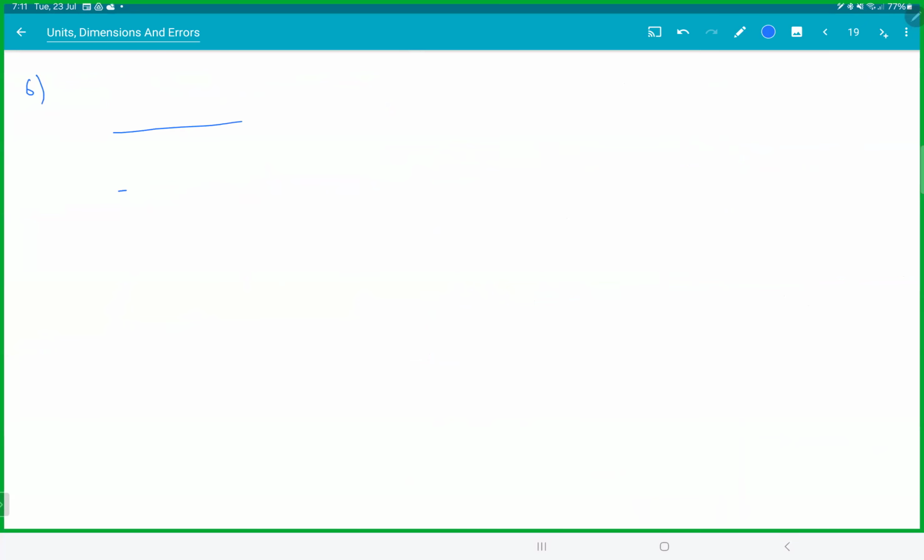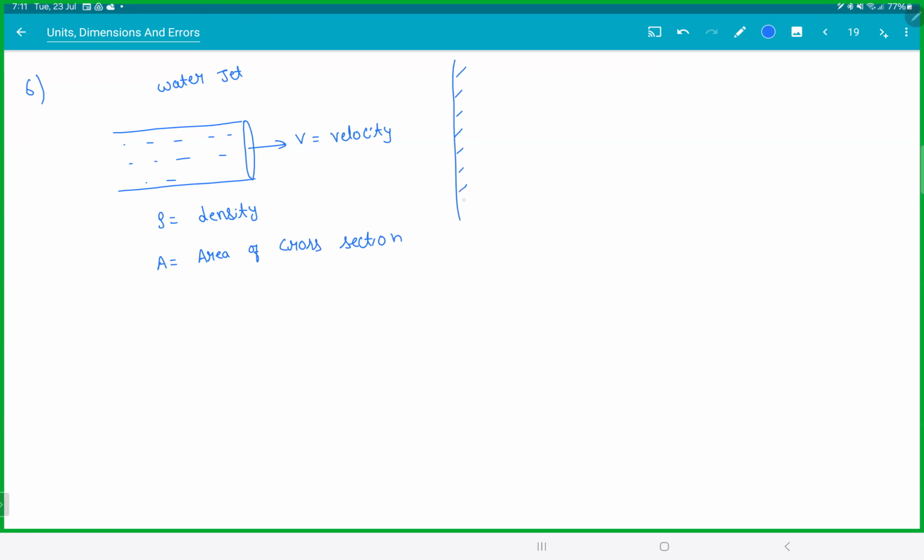So you have a physical situation here. This is going with speed v, velocity. This is a water jet. Here is the density, here is the area of cross section. And this is a wall.